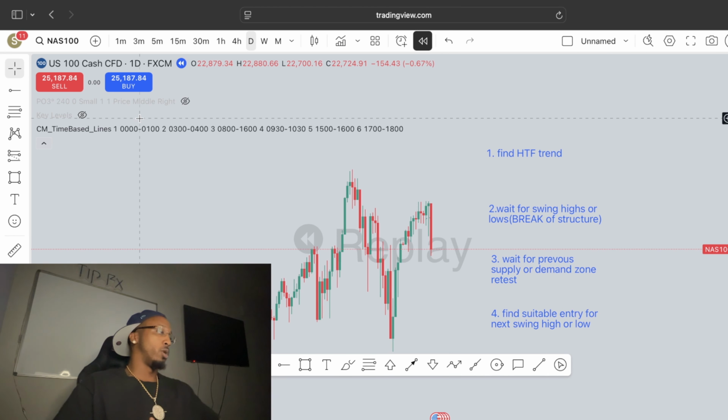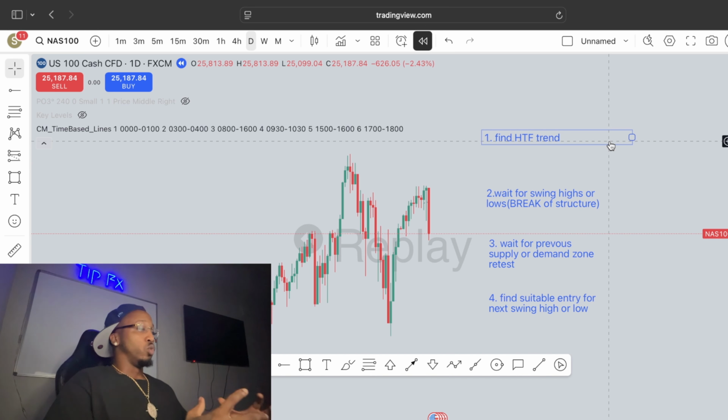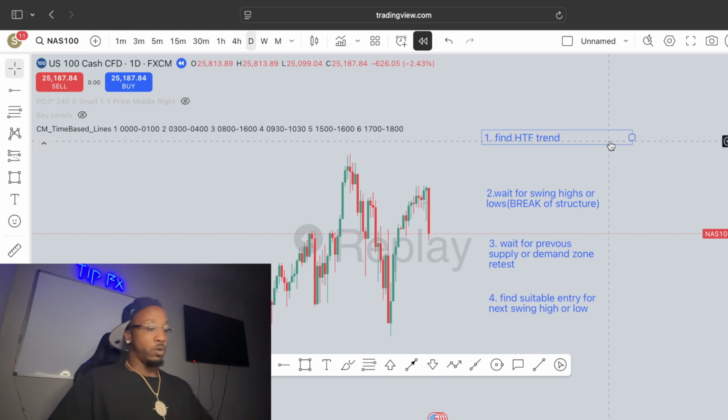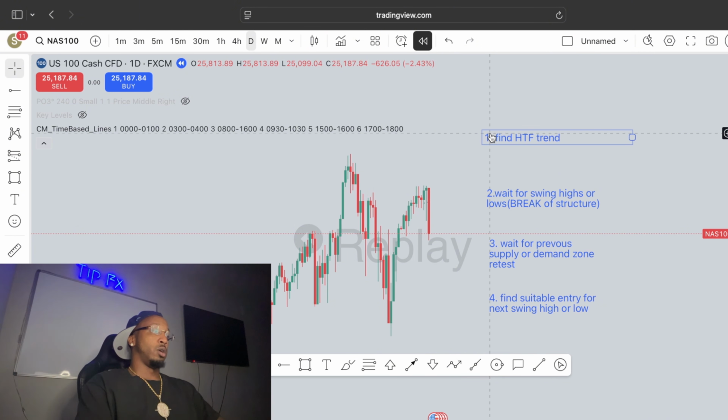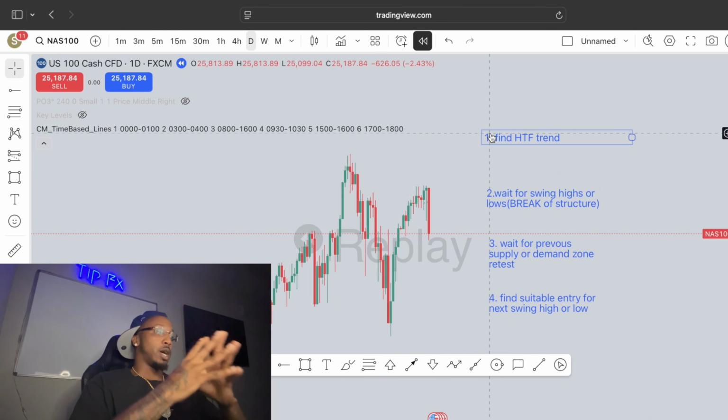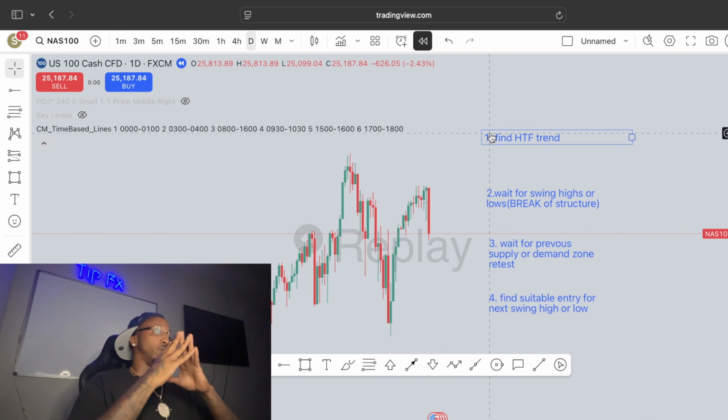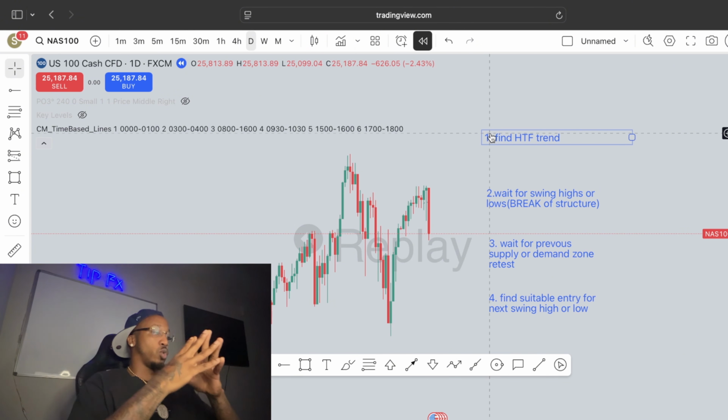These are the four steps to finding a very effective way to trade supply and demand. Number one, we find a higher time frame trend, on the 4 hour, daily, weekly, 4 hours and up.